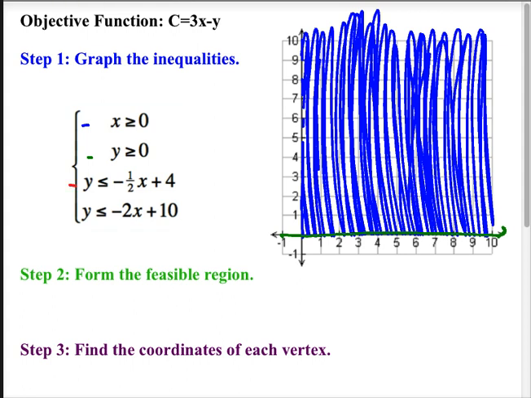All right, let's graph that one. Y-intercept up at 4. And then slope of -2, down 1 over 2. Down 1 over 2. Down 1 over 2.